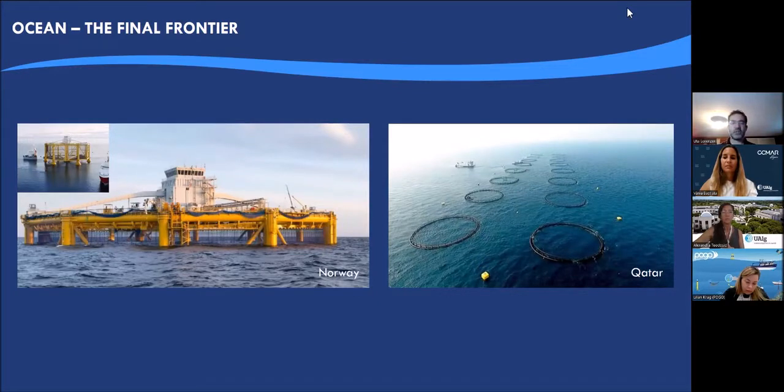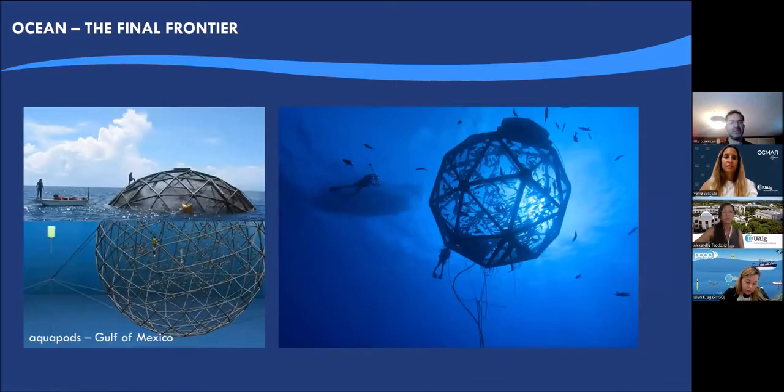These sorts of infrastructures. There are some others that seem much more manageable, which are these aquapods. You can see here on the left these aquapods in the Gulf of Mexico, some also on the coast of California.